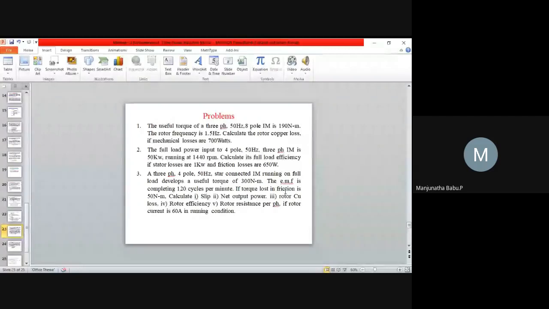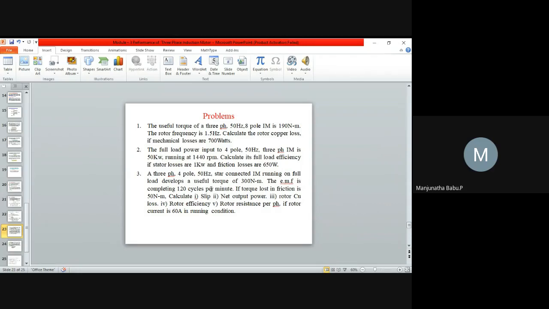What frequency is given here? The EMF is completing 120 cycles per minute. That is relating to the rotor.